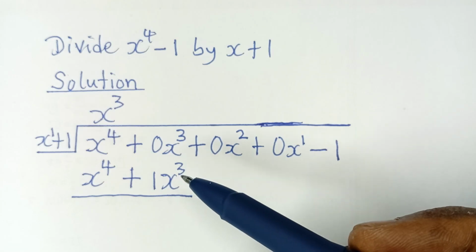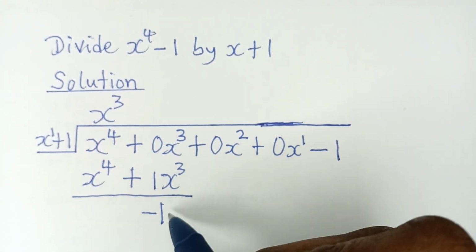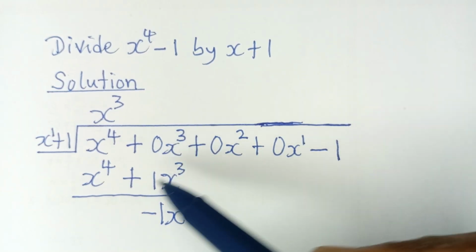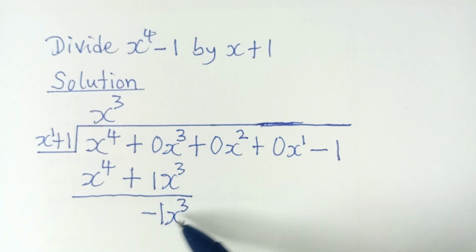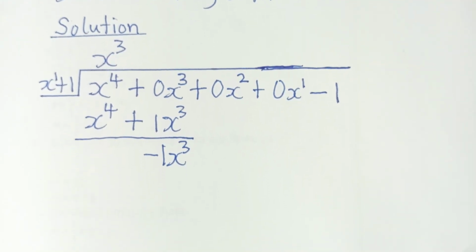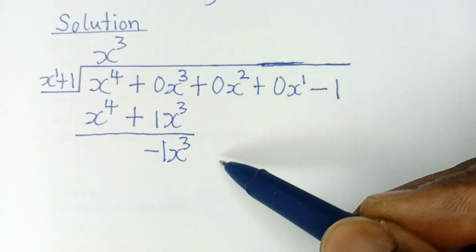So 0x raised to power 3 minus 1x raised to power 3 will give us negative 1x raised to power 3.